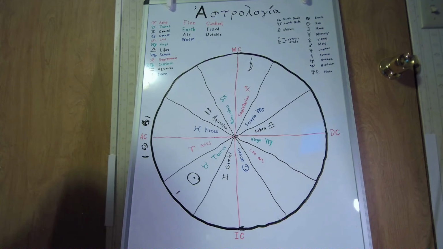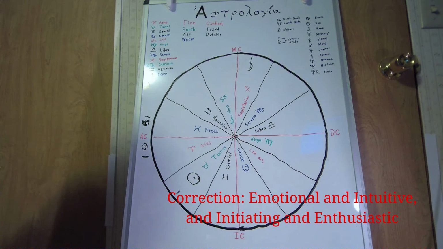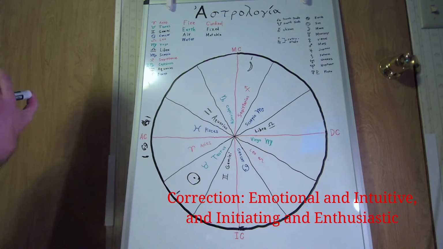And your Ascendant or rising sign, having Cancer there, that's going to mean that your outward image and the way others first perceive you is going to be emotional and intuitive and adaptable and flexible. That's the type of energy that's going to be there. That's how you would describe that energy.